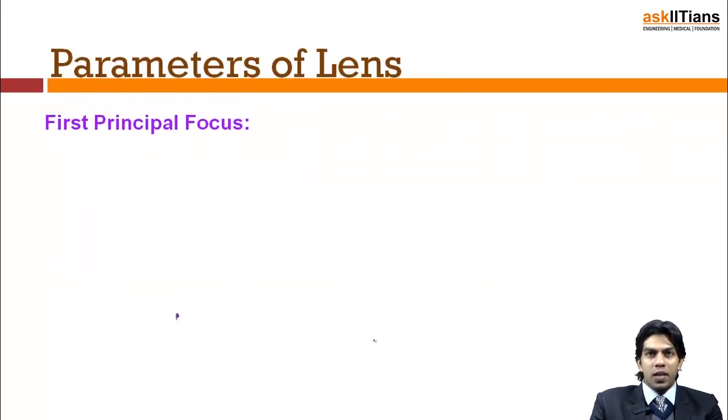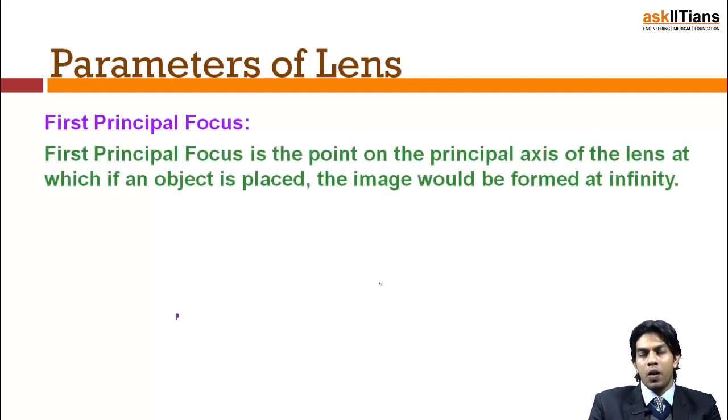So parameters of the lens, just brushing up the concepts of what these terminologies stand for. First principal focus. First principal focus is the point on the principal axis of the lens at which if an object is placed, the image would be formed at infinity. So this is how the first principal focus is defined.